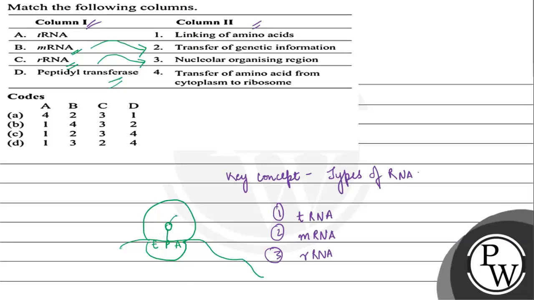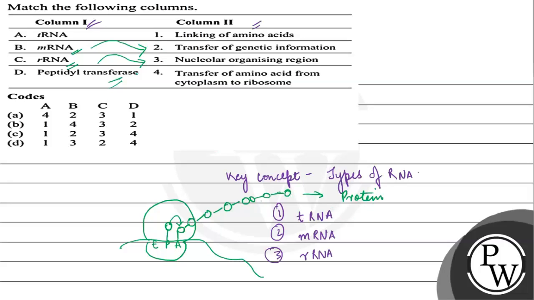When it moves for further processing, at the A site another amino acid is added by the help of peptidyl transferase. It facilitates the linking of amino acids. That means the function of peptidyl transferase is to link amino acids in the polypeptide chain. It will keep adding more and more amino acids, forming a polypeptide chain, thereby forming a protein. This is how protein formation takes place.